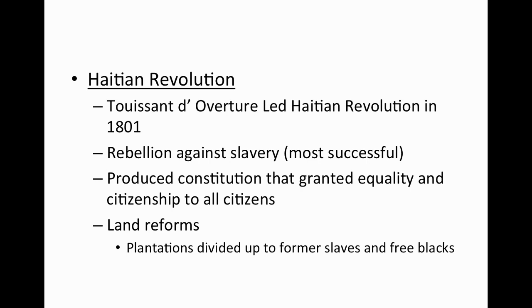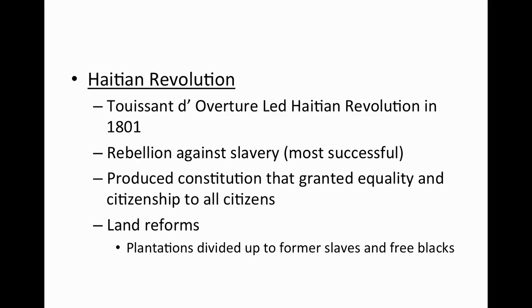The Haitian Revolution, very different. It was a slave rebellion led by Toussaint d'Ouverture against the French in 1801. Once the rebellion came to an end, you had the first black nation, right? This was a slave rebellion, probably the most successful slave rebellion in the history of the world. As a result, a constitution did grant equality and citizenship. There were land reforms.